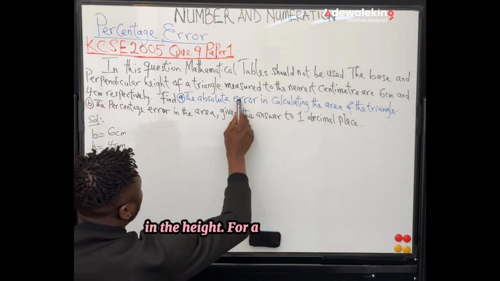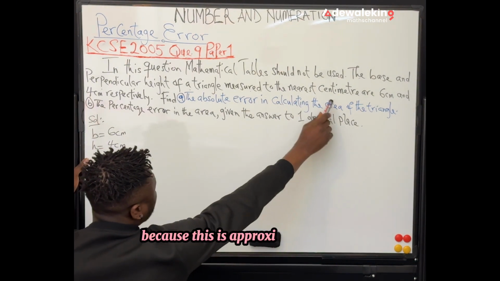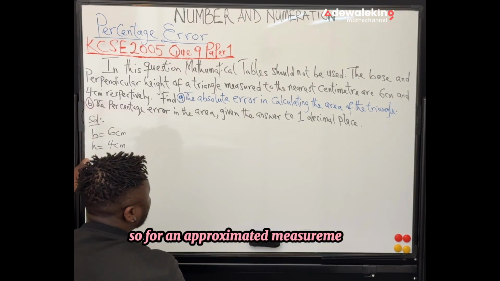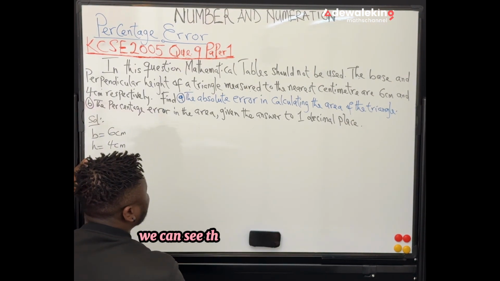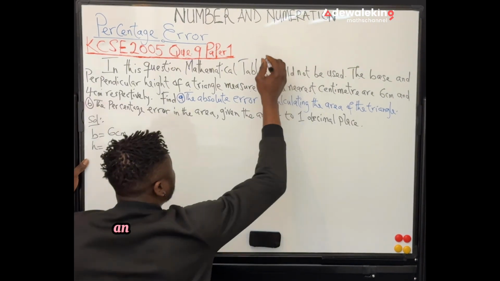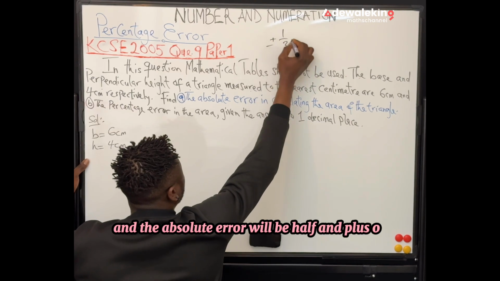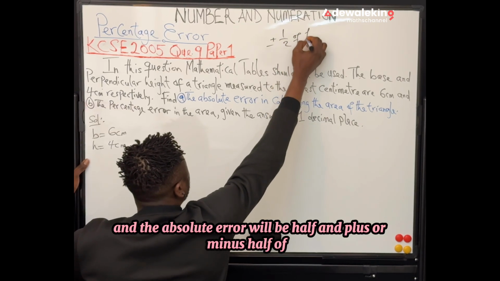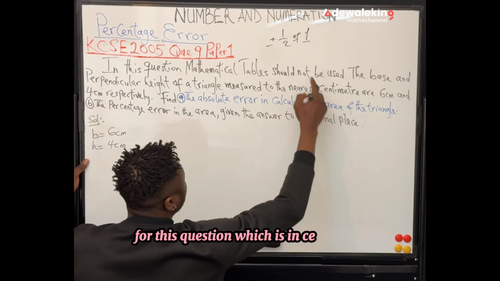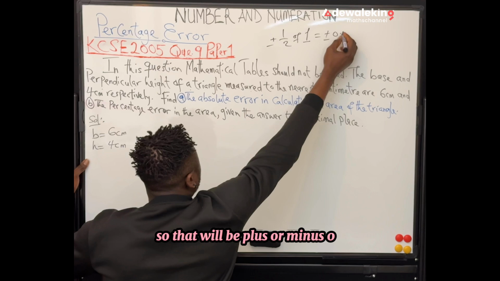For an approximated measurement, because this is approximated to 6 centimeters, the least unit will be 1 and the absolute error will be plus or minus half of 1, which is in centimeters. So that will be plus or minus 0.5.